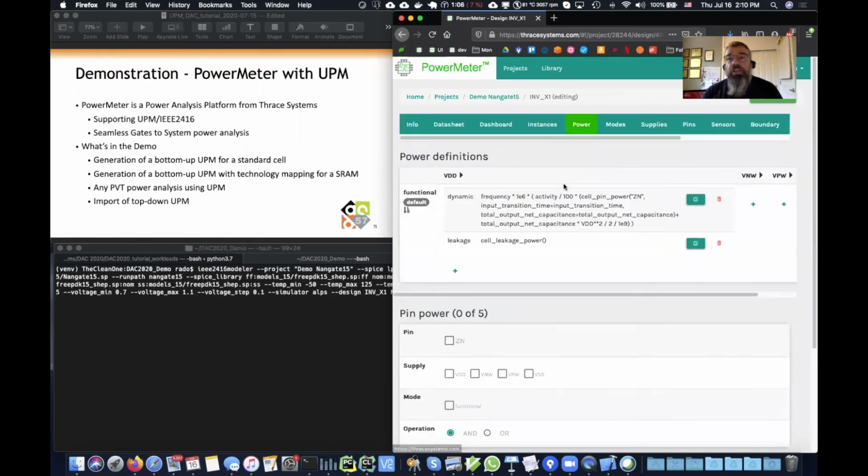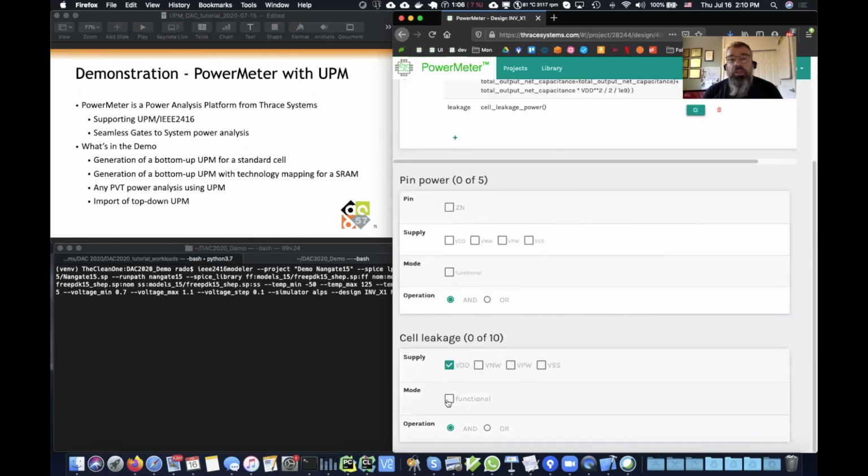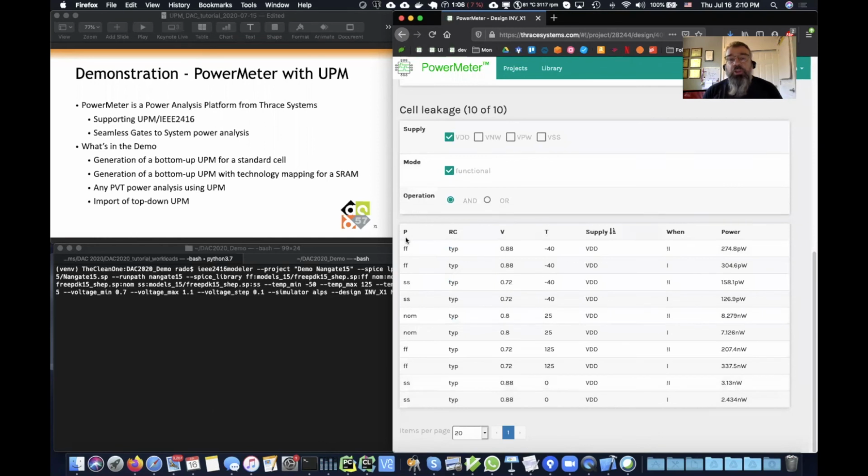In our particular case, we had 5 corners in total. We had 2 fast, 2 slow, and 1 typical corner. Fast is high voltage, low temperature, low voltage, high temperature. And on the slow side, the highest temperature we had was 0 degrees C. So definitely we did not have enough power corners to perform full power analysis.